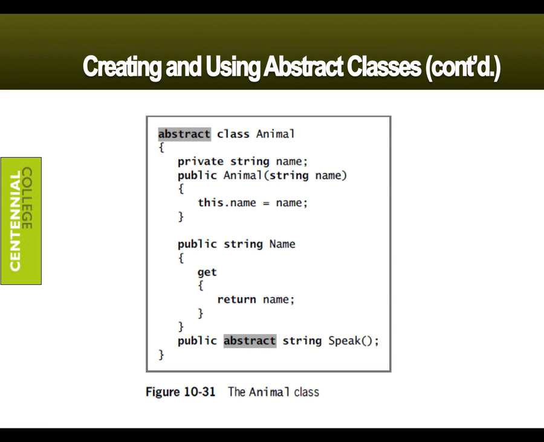That doesn't go the same for the class, the abstract keyword. You don't have to instantiate a class of this thing, but once I make a subclass of an abstract class, it has certain properties and methods that I must override. Here's one of them: public abstract string speak.